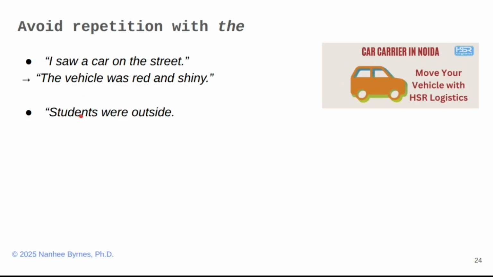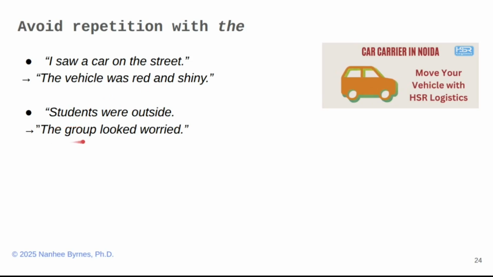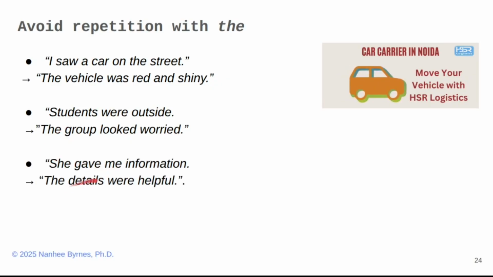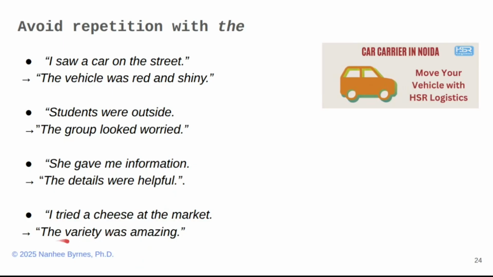The also works for plural and uncountable nouns. Students were outside. The group looked worried. Plural, specific group. She gave me information. The details were helpful. Uncountable, specific information. I tried a cheese at the market. The variety was amazing.